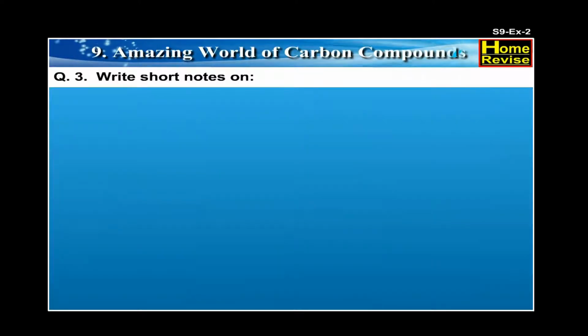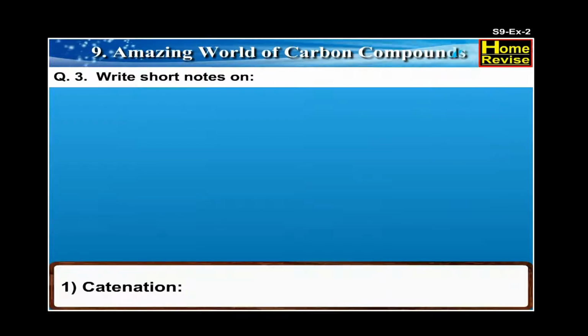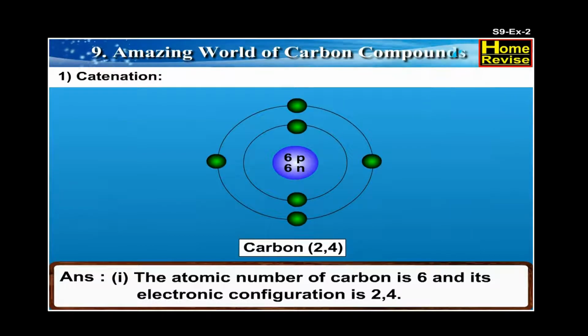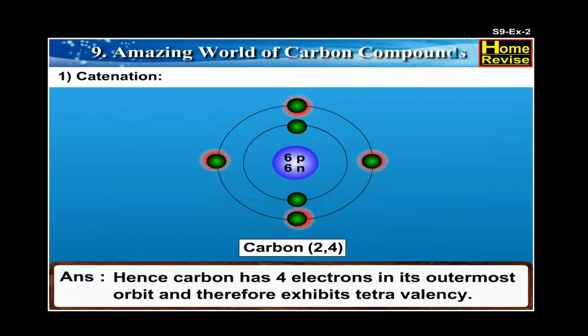Question 3. Write short notes on first, catenation. Answer. First, the atomic number of carbon is 6 and its electronic configuration is 2,4. Hence, carbon has 4 electrons in its outermost orbit and therefore exhibits tetravalency.